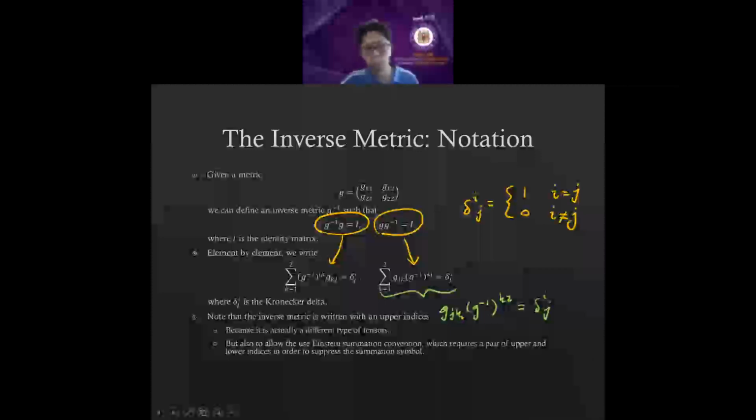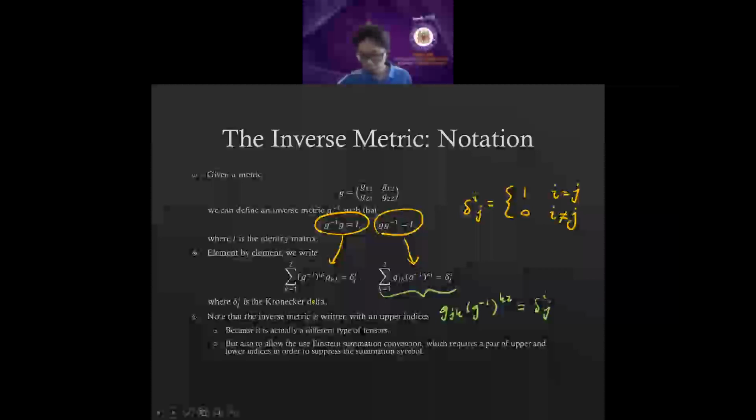We cannot do this if k appears as a lower index in both the metric and also the inverse metric. We need an upper and lower index.